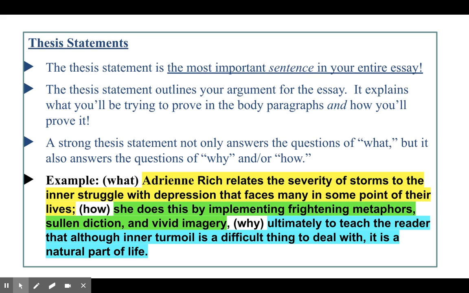So probably this person's essay was going to deal with those three things in his body paragraphs. And why is the big idea. Why is it all so important? Ultimately, to teach the reader that although inner turmoil is a difficult thing to deal with, it is a natural part of life. That's a super well-developed thesis because it brings out a really thoughtful main idea, and it also allowed this writer to really expand and push his analysis further and deeper to show his extremely deep comprehension of the poem.